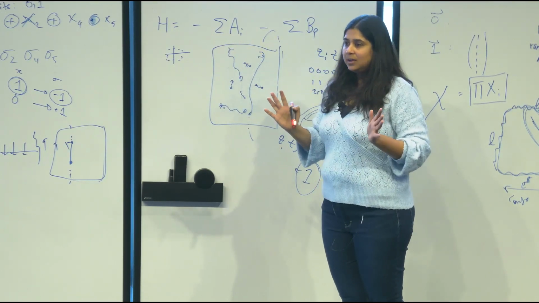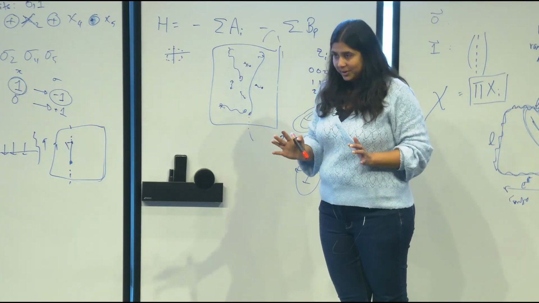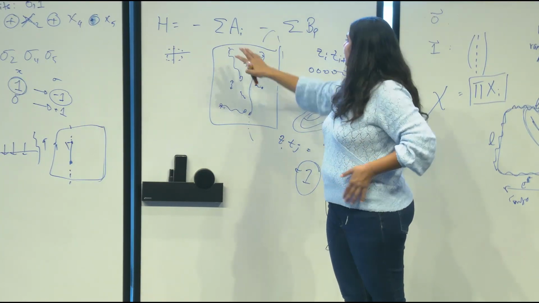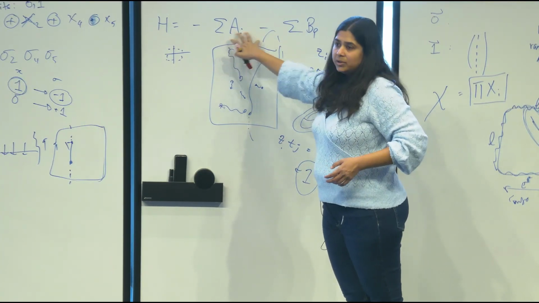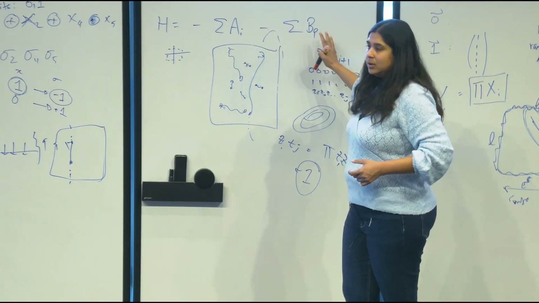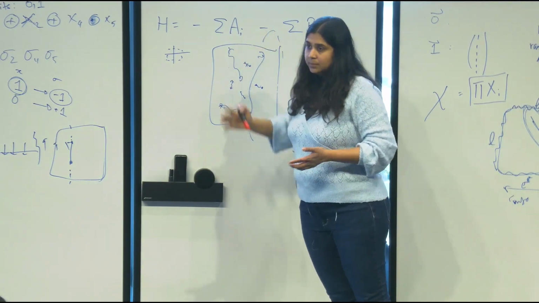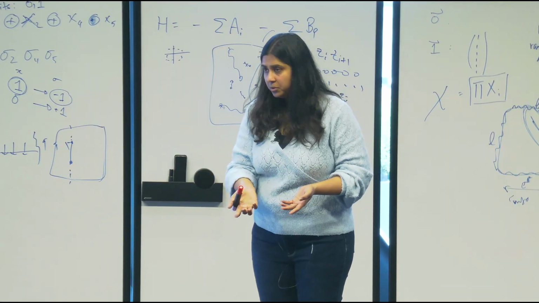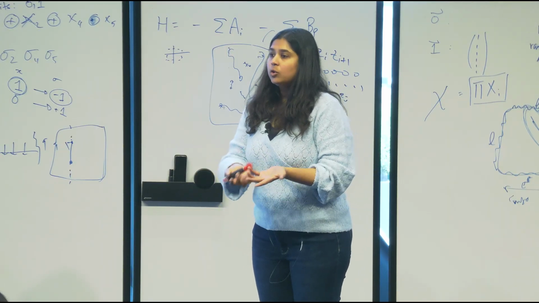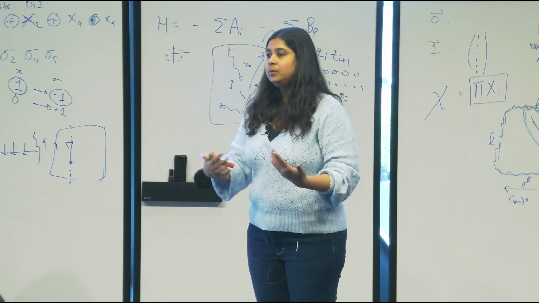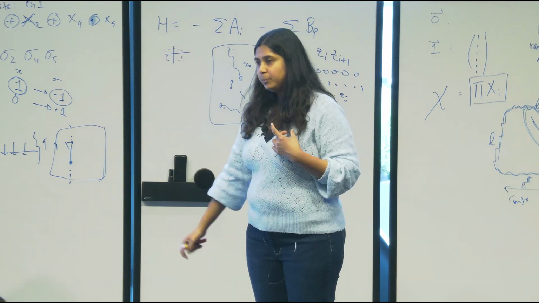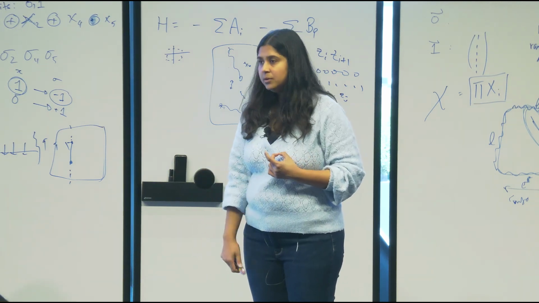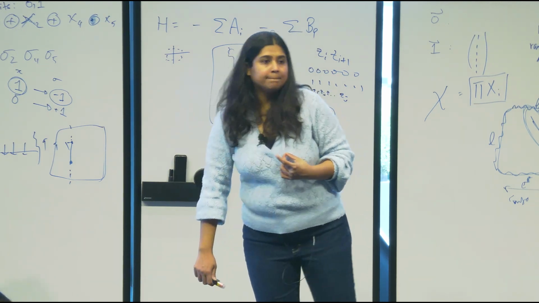Or I can just decide I'm going to enforce Gauss law everywhere. Okay, so if you enforce Gauss law everywhere, then all of these constraints are happy. These are your local constraints. That defines your checks, because you want your checks to be local. And then your code space is just how much freedom you have left after you've specified all your Gauss law constraints.